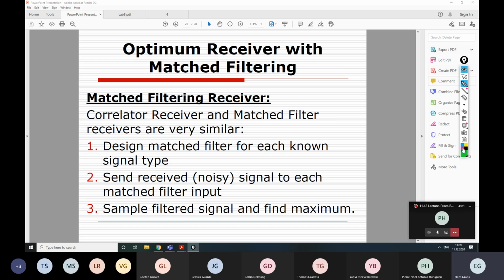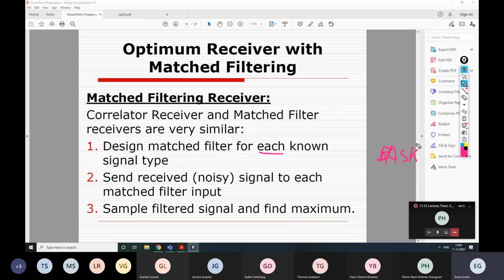So, let's resume how our matched filtering receiver works. First of all, we need a matched filter for each known signal type. Well, we are not talking about binary amplitude shift keying or phase shift keying, because there we can do it with only one filter.